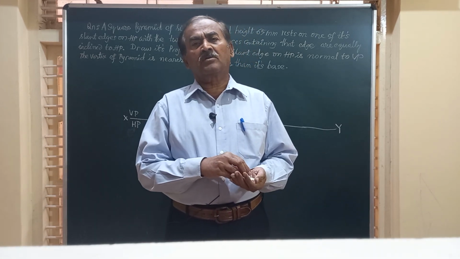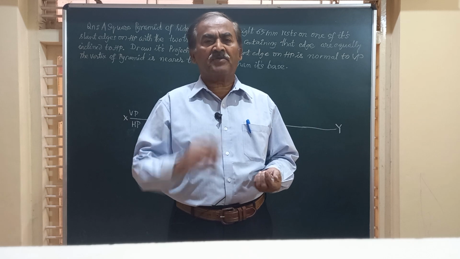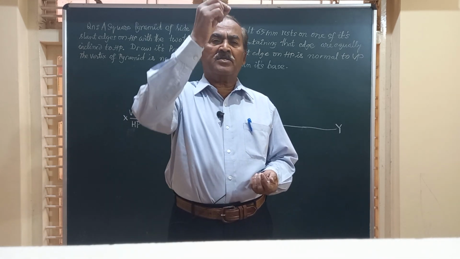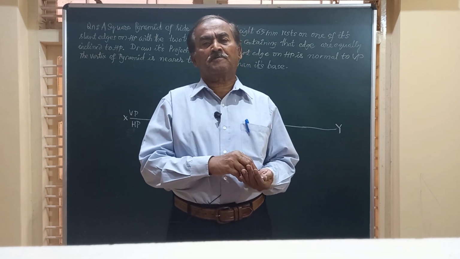Friends, we know that the solid is a square pyramid. It has got a square base and there are four slant edges.